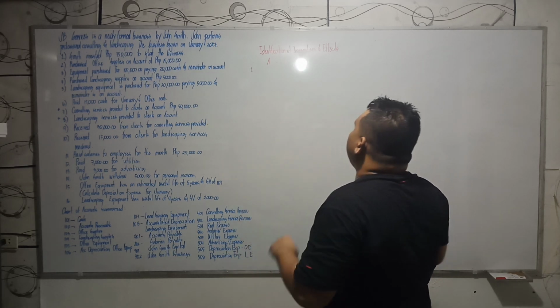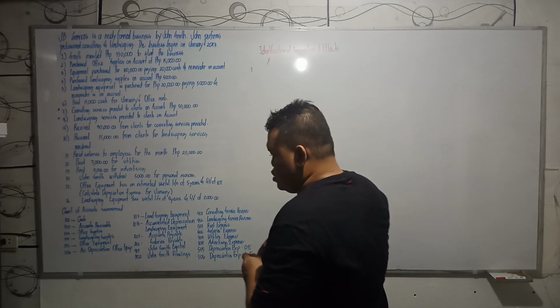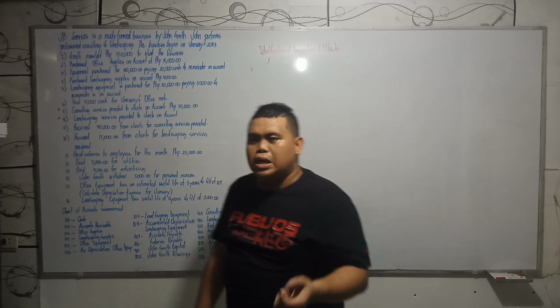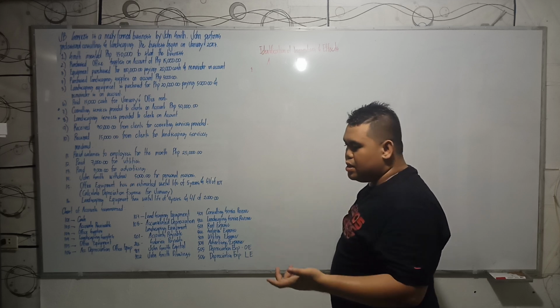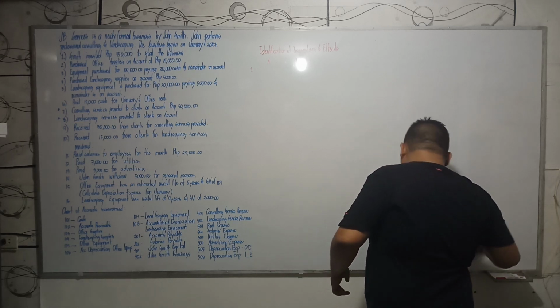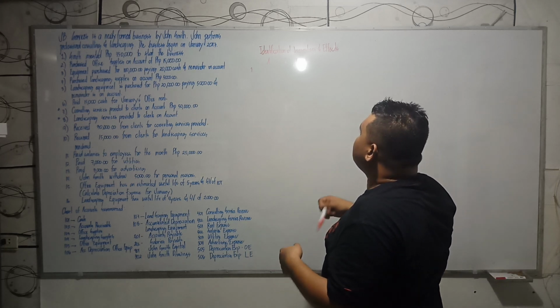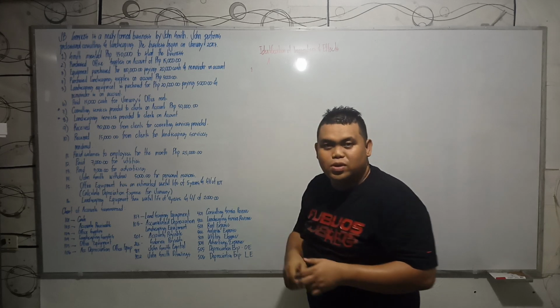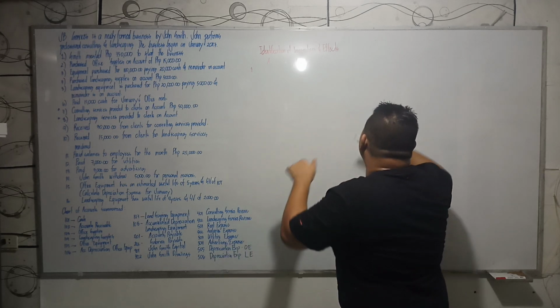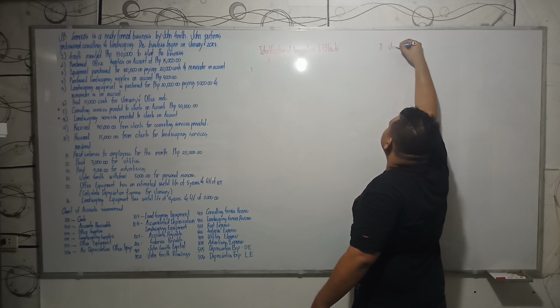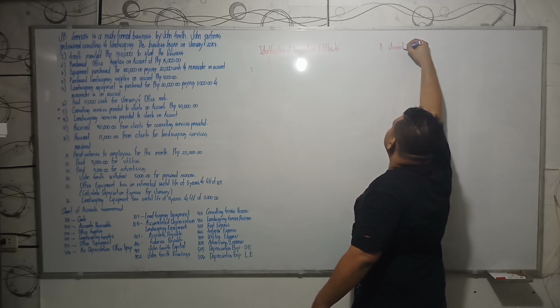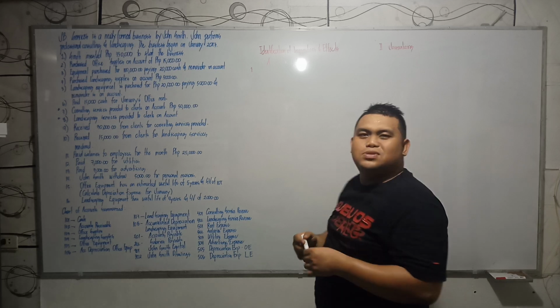After we have identified the transactions, whether it is accountable or not, and its effects, the second step that we're going to do is make a journal entry related to the transaction. So there are only 2 parts. We have here number 2, journalizing. This is basically a review of my other episodes.